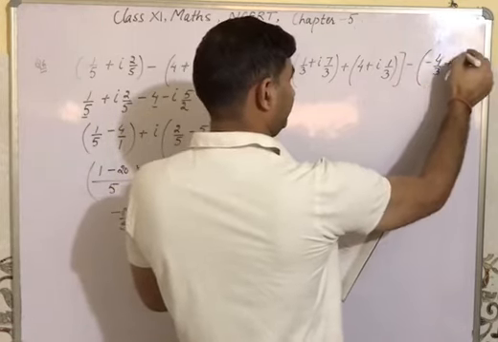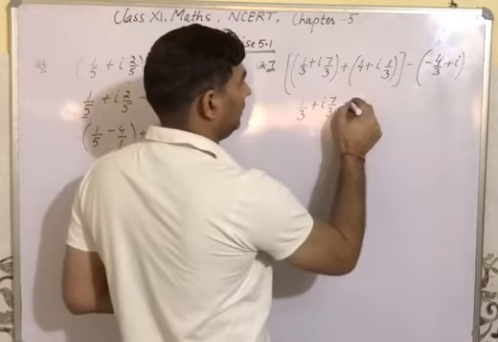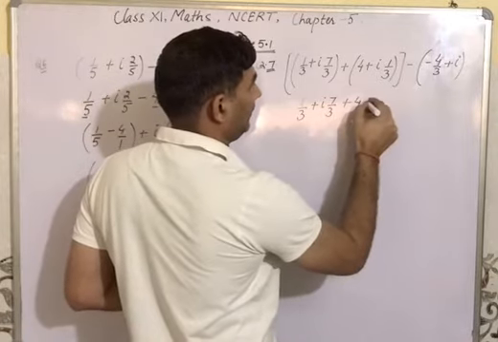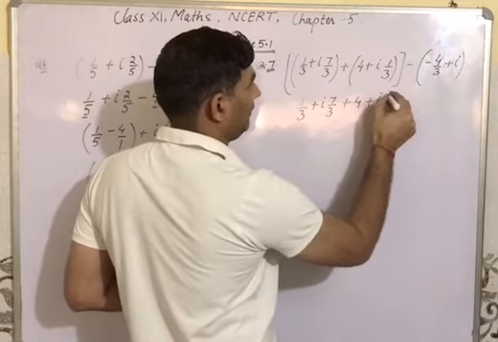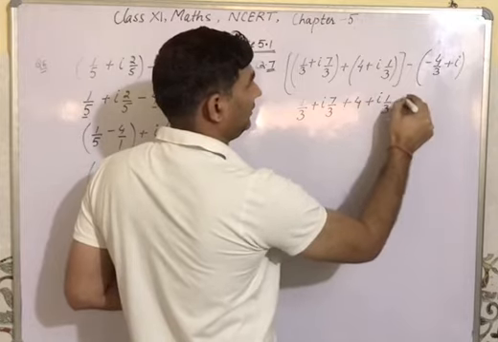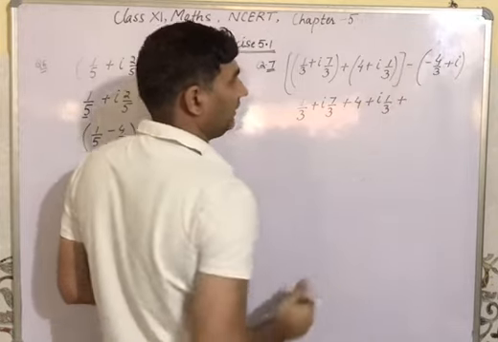Then 1/3 + i·7/3 plus 4 + i·1/3. This minus multiplied with plus becomes minus.